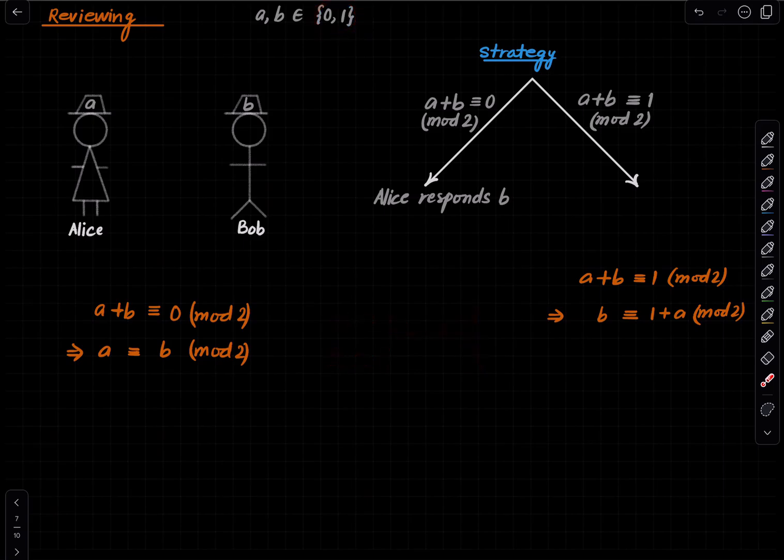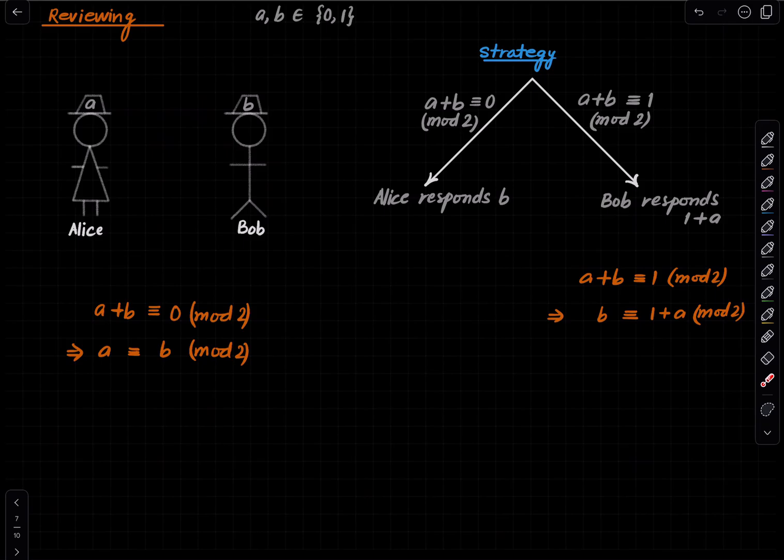So that is as good as flipping. So Bob will answer 1 plus A. But the strategy has to be consistent. Alice and Bob don't know the value of A plus B. So this is the strategy. Alice will answer B. Bob will answer A plus 1 modulo 2, of course.